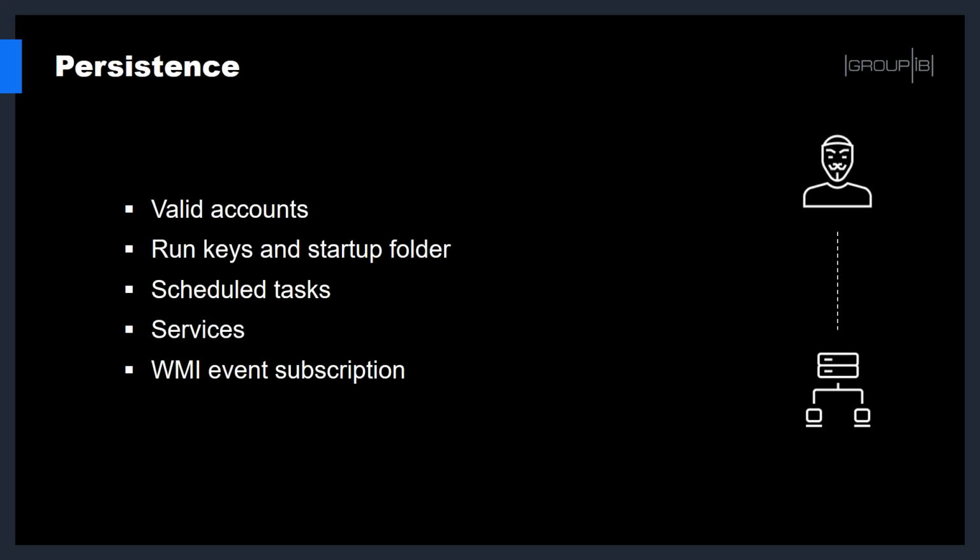And other common persistence mechanisms like run keys, startup folders, scheduled tasks, creation of new services, and again, post-exploitation frameworks allowed some attackers to use more sophisticated persistence mechanisms, for example, WMI event subscription. Again, this mechanism wasn't used very often, but we've seen a few cases.